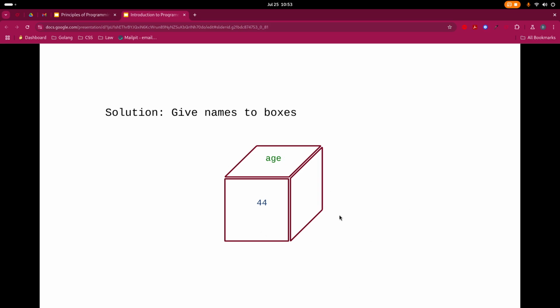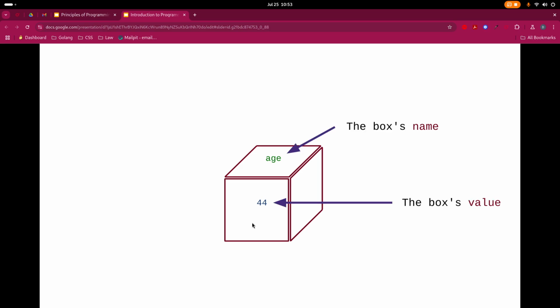So this box will have a name of age, and this age box will contain the value of 44. So again, we have a name for the box and we have a value that is inside the box. A very simple concept, but extremely important. Boxes have values and they also have names. That way we can identify the box.